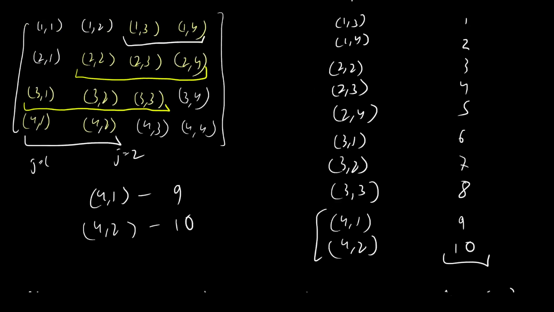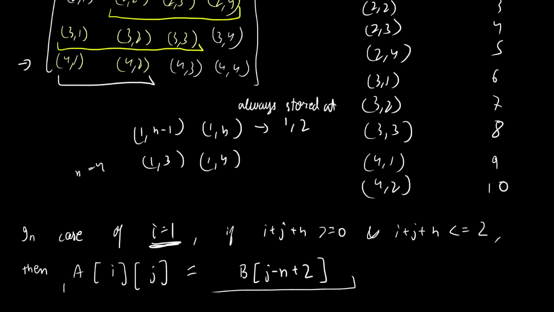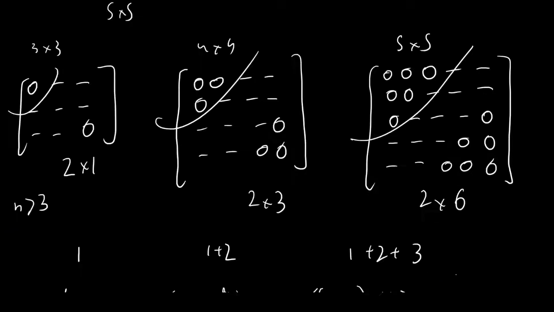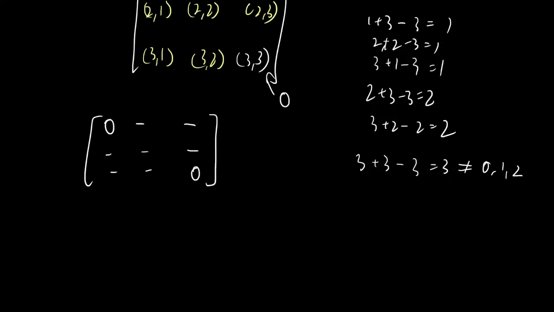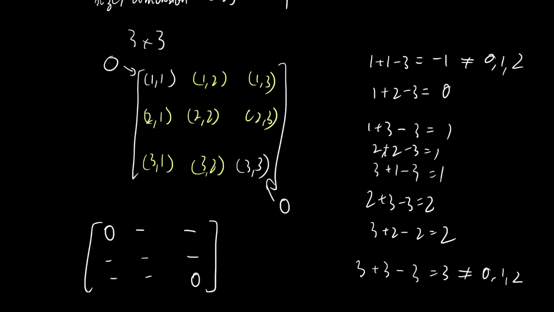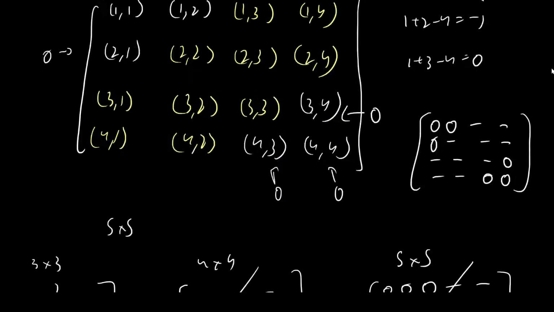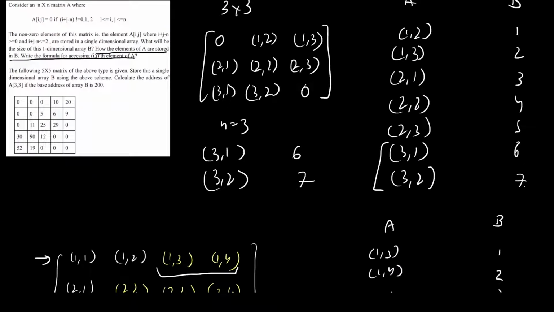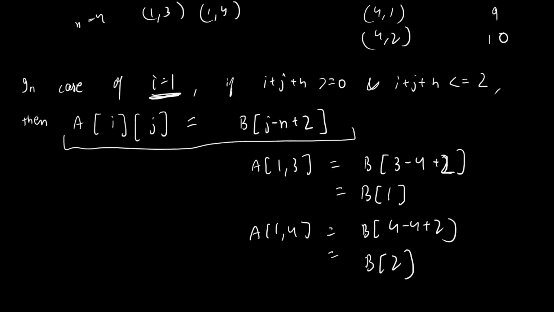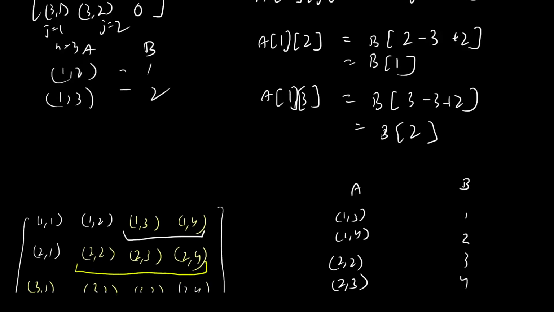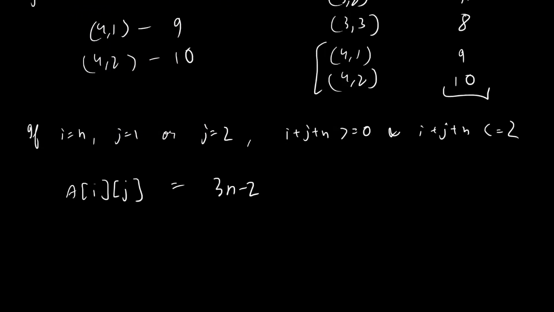For 3 cross 3 matrix, let's check, ending will be at 7. Yes, here ending will be at 7 for 3 cross 3 matrix. So in this, only j is changing, i is constant.